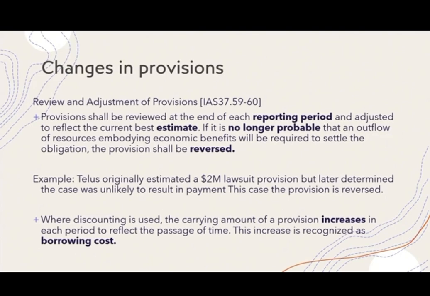If it is no longer probable that the entity will have to make a payment, then the provision shall be reversed. So, for example, a company originally estimated a $2 million lawsuit provision, but later determined the case was unlikely to result in a payment. So the provision is reversed.